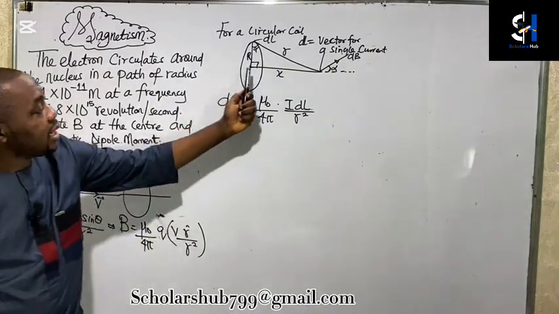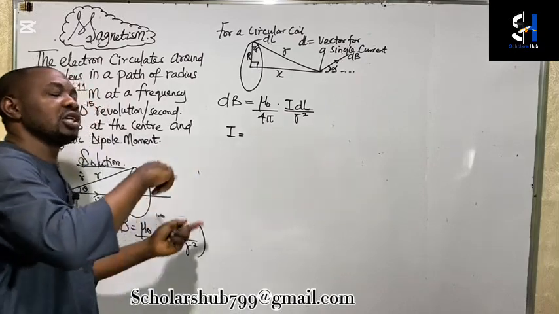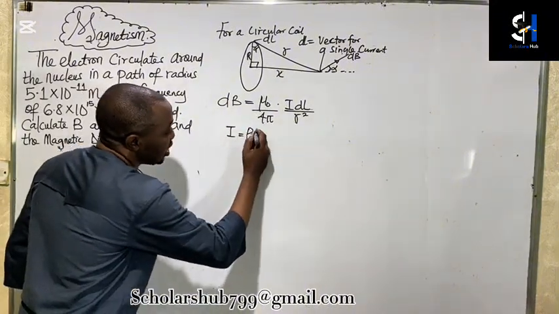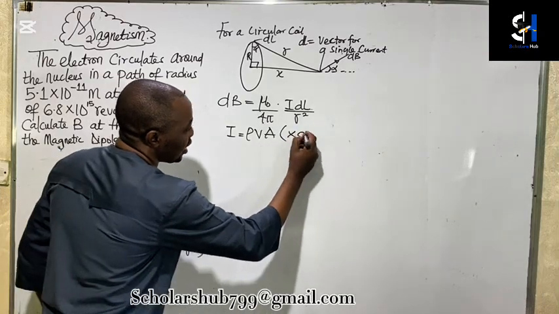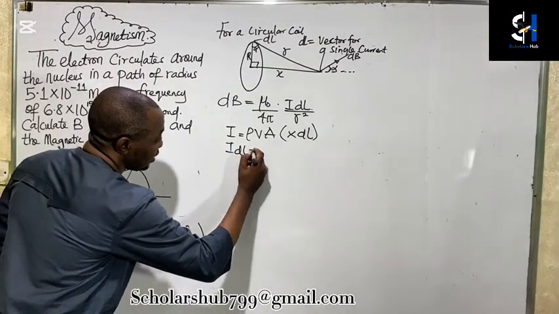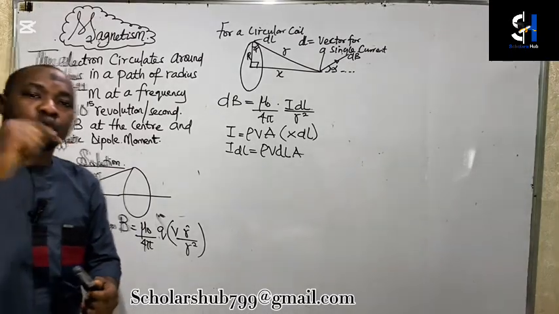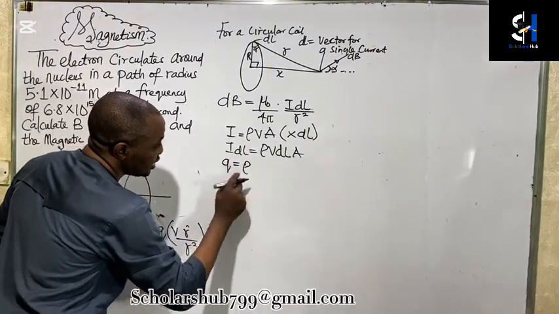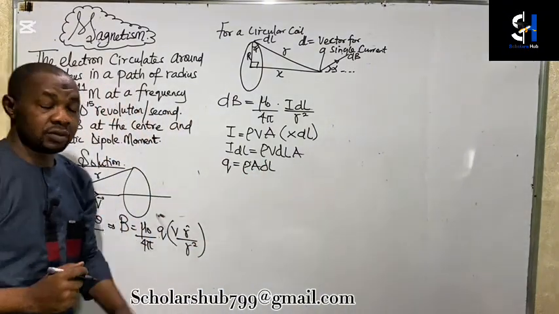The electric charge crossing the cross section of the circular coil per second is what we have as electric current, and that will be the density times v times A. Now, if you multiply this current equation by the vector for the current in the coil, we are going to have Idl equals this, dl times A. The total current in the straight wire of length dl will be the density times A times the vector for the single current.